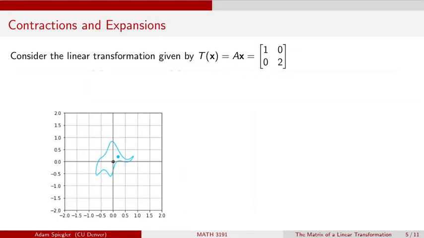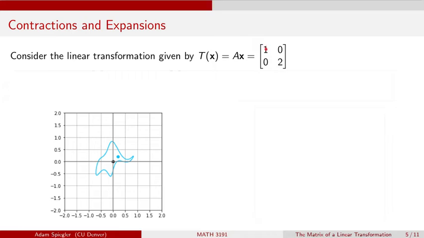And let's take a look at another type of linear transformation, which in this case would be an expansion, but it could be a contraction. I want to just highlight that this is different than the dilation that we first looked at. The dilation was a diagonal matrix where both of the values were the same.